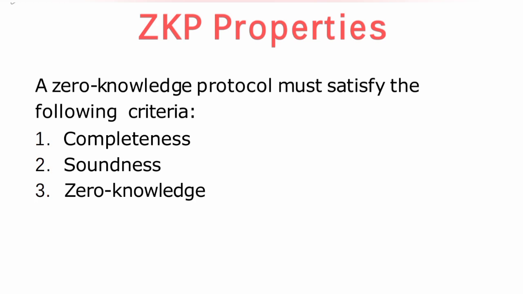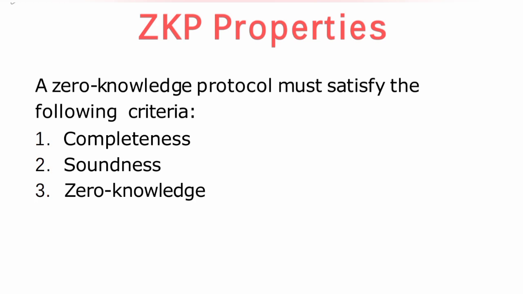Here we have the three properties of zero knowledge proofs: completeness, soundness and zero knowledge. In completeness, if the input is valid, the zero knowledge protocol always returns true. Hence, if the underlying statement is true and the prover and verifier act honestly, the proof can be accepted.